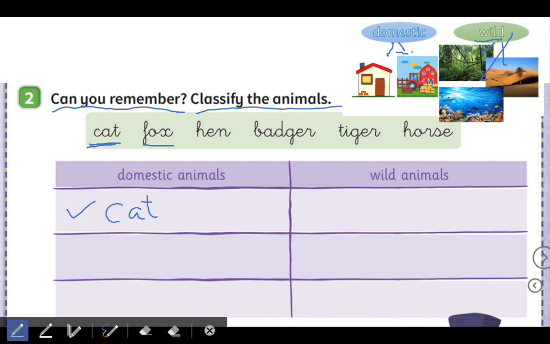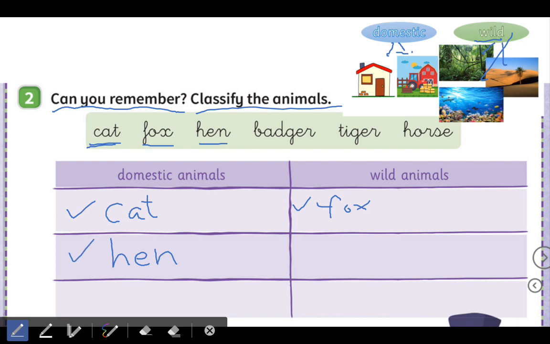So if you have it, okay, tick it with your favorite color. Look at the fox. Is the fox a domestic or a wild animal? A wild animal. You don't have a fox in your house. So tick it. Hen. Is the hen a domestic or a wild animal? Very good, children. A hen is a domestic animal that lives in a farm.